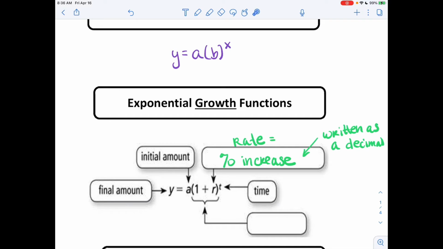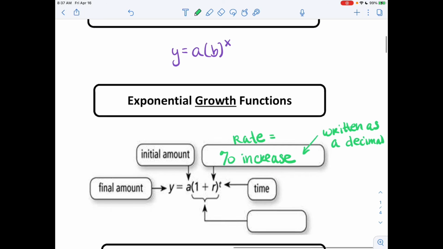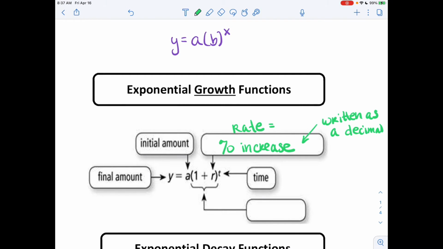So t makes more sense than an x. And then overall, this b value is called our growth factor. And in this case, since it's 1 plus r, and r is going to be a positive number, that means that our growth factor, b, is going to be greater than 1 overall.